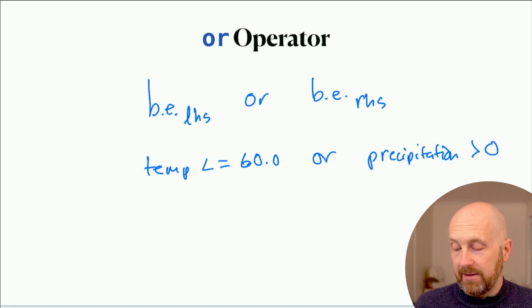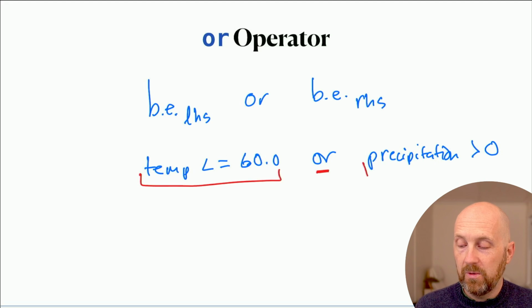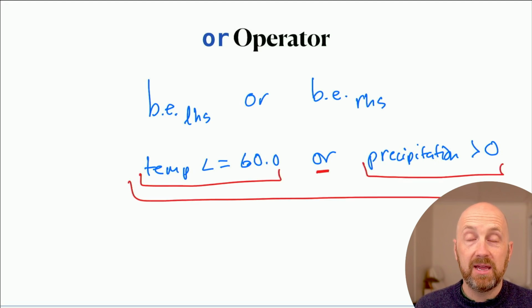So the implications of the or operator are that either the left-hand side or the right-hand side or both sides can be true, and the or operator will evaluate to true.